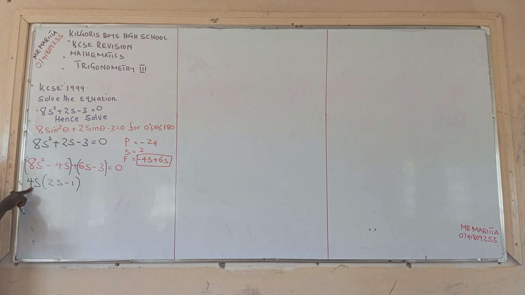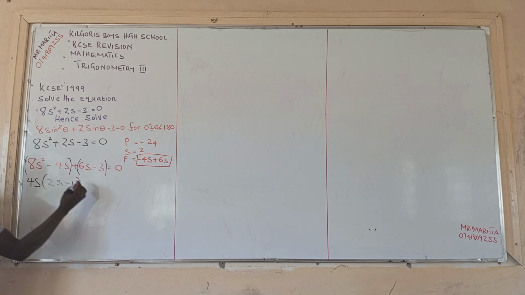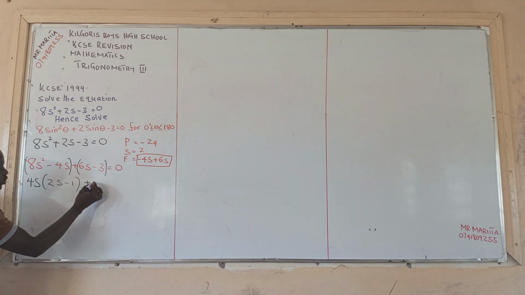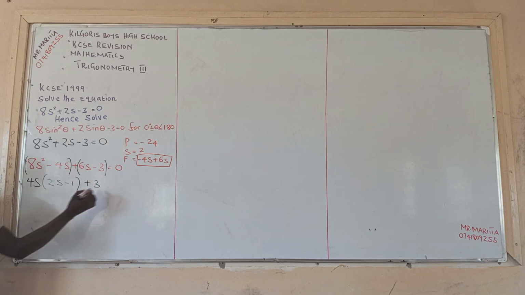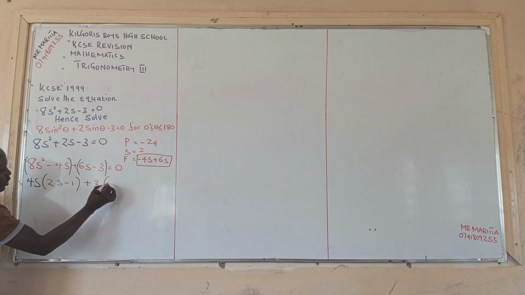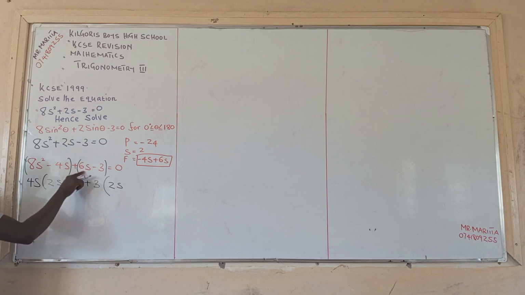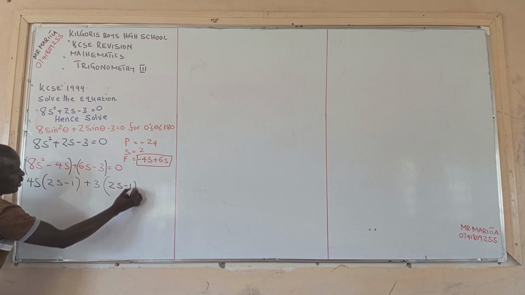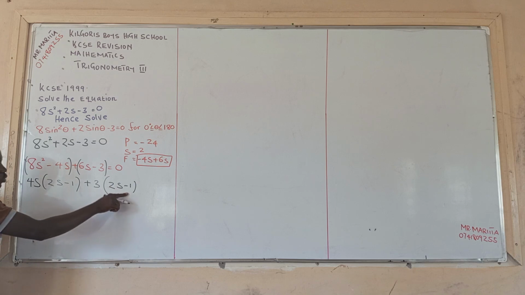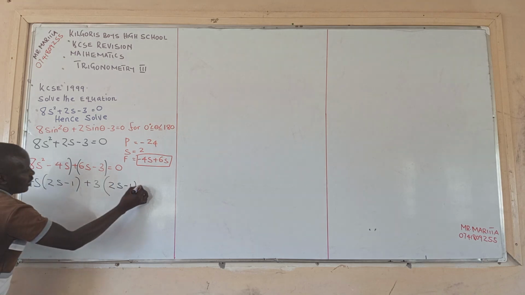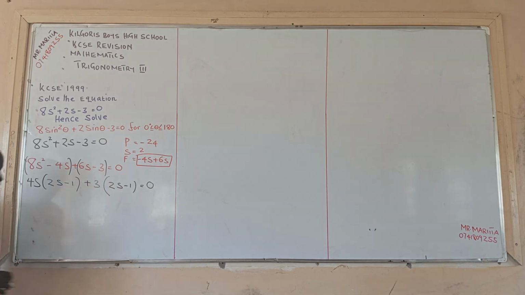That 4s times 1 is equivalent to 4s. Then plus, on this side we have 3, which is common. We factor out 3. We have 2s, such that 3 times 2s is giving us 6s, minus 1, such that 3 times 1 is giving us 3, and therefore this one is equivalent to 0.